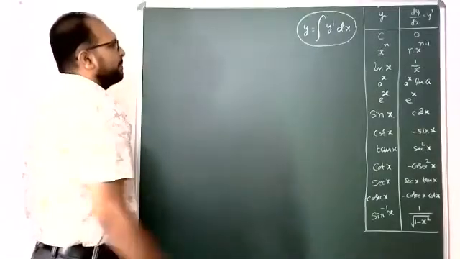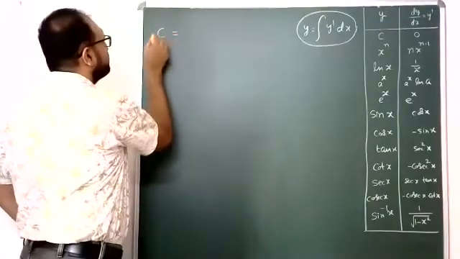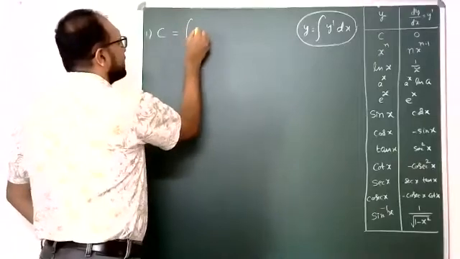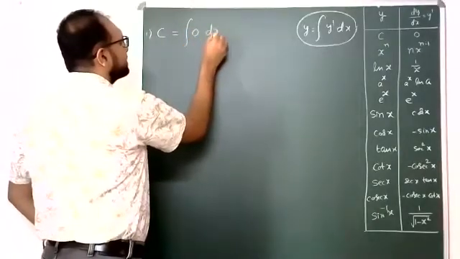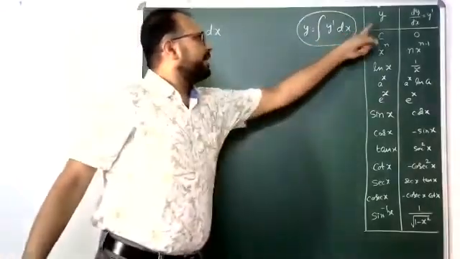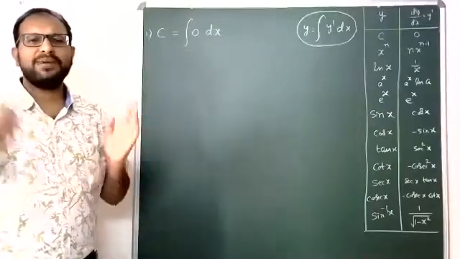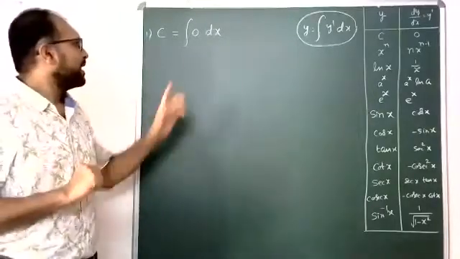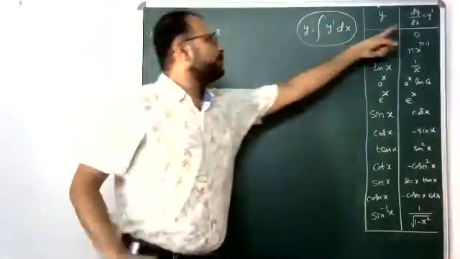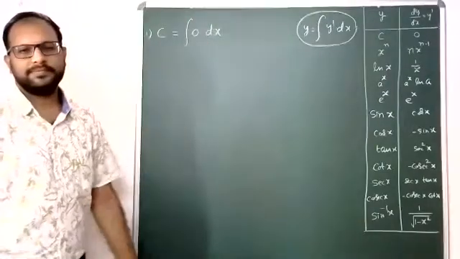First, constant c equals integral 0 dx. Here y is a constant, any constant, maybe y equals 3, 4, or some constant a, b, c. So constant equals integral of y prime, which is 0 here, so 0 into dx.